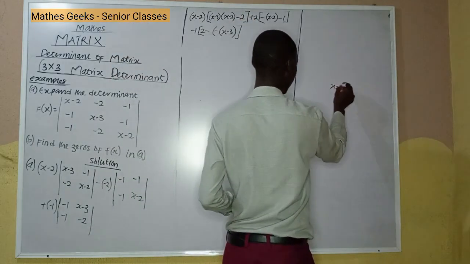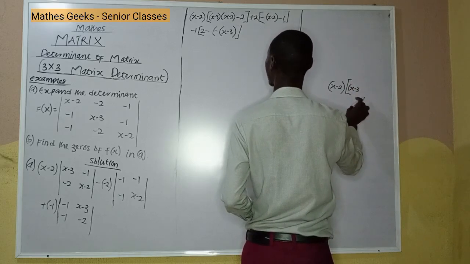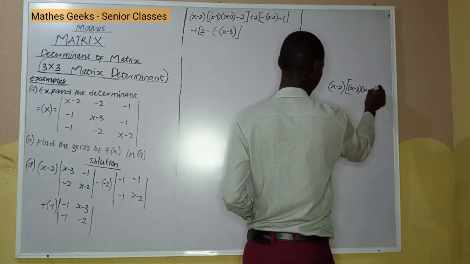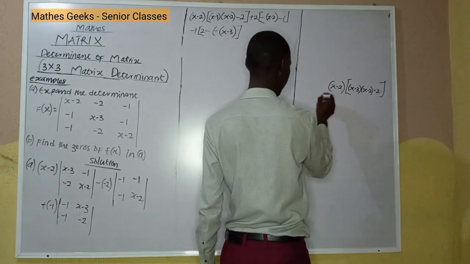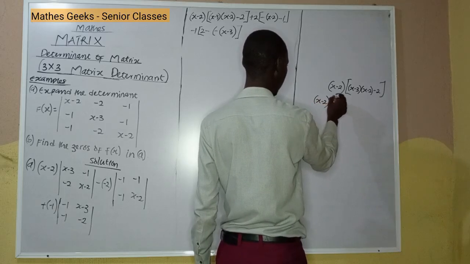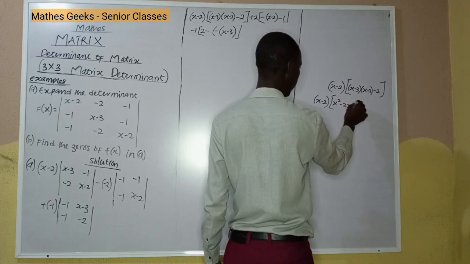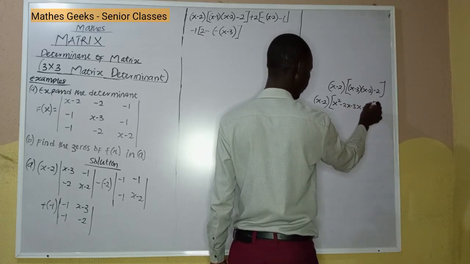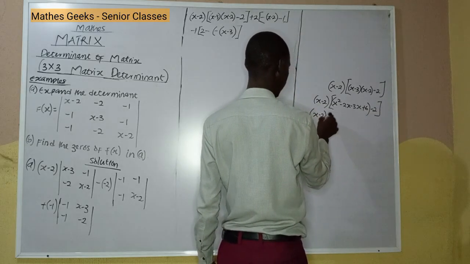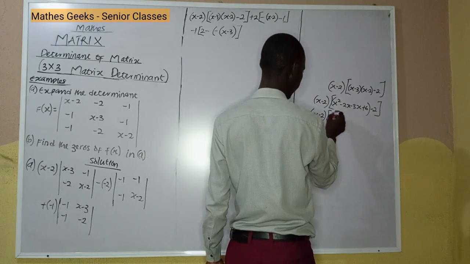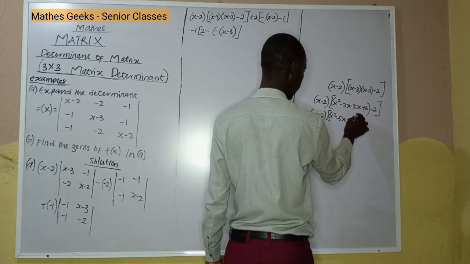And here, x minus 2, x minus 3, x minus 2, minus 2. x times x is x squared, minus 2x minus 3x plus 6, which gives x squared minus 5x plus 6.